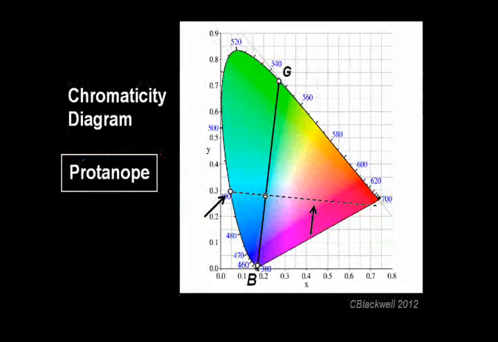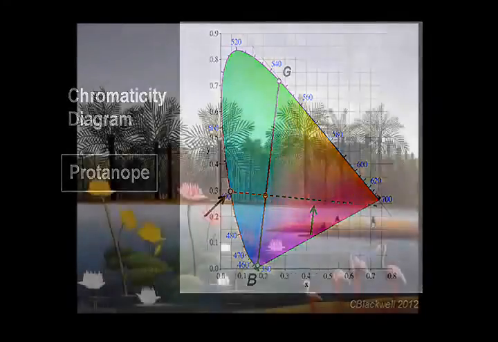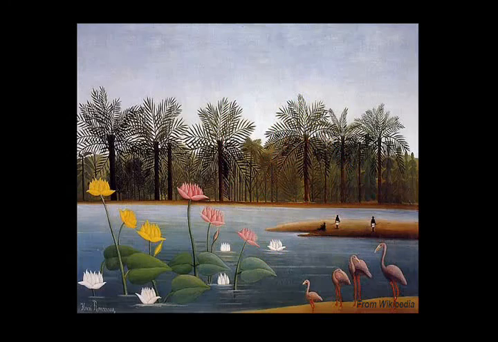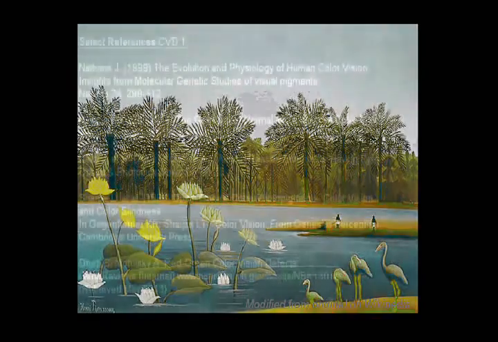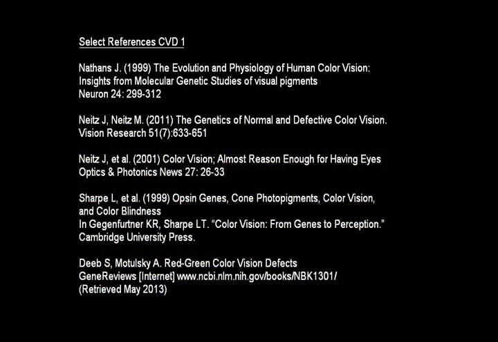In this video, we used what we know from color science to understand color deficiency in a more technical way. In the last video, we take a descriptive approach to understand and simulate what the world looks like with different levels of color deficiency. Here are selected references if you want to read more.